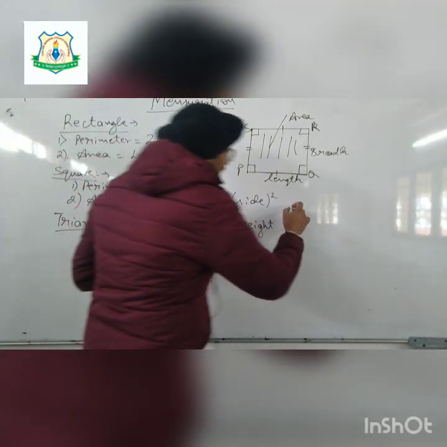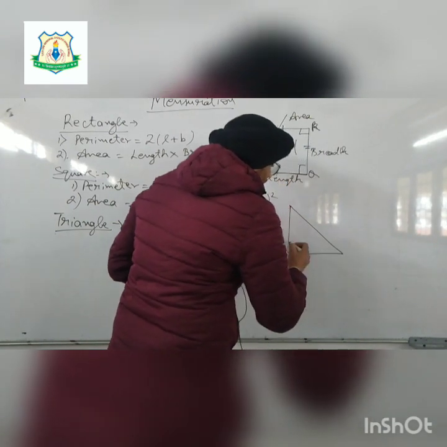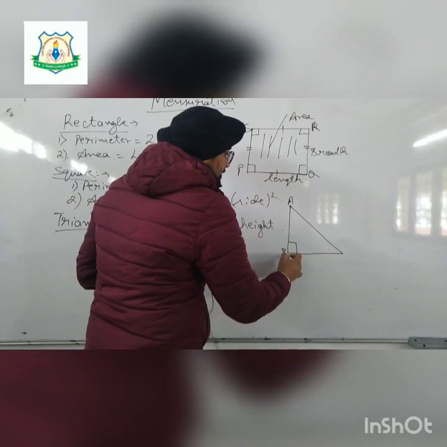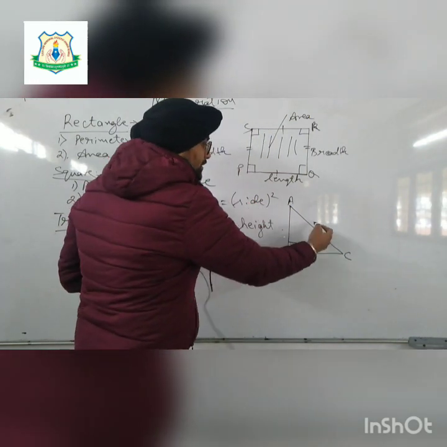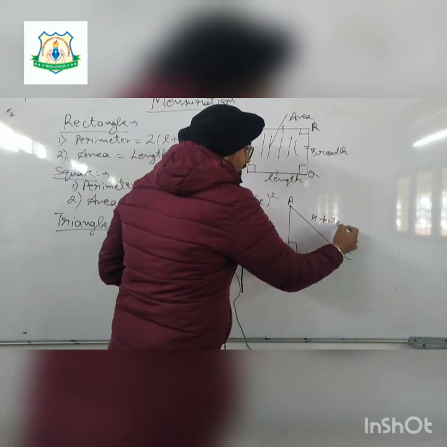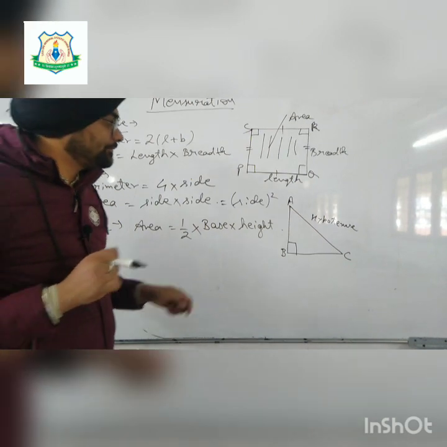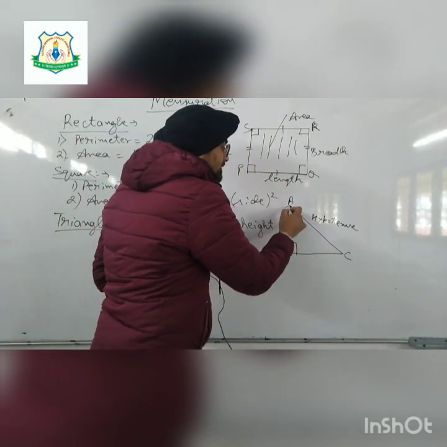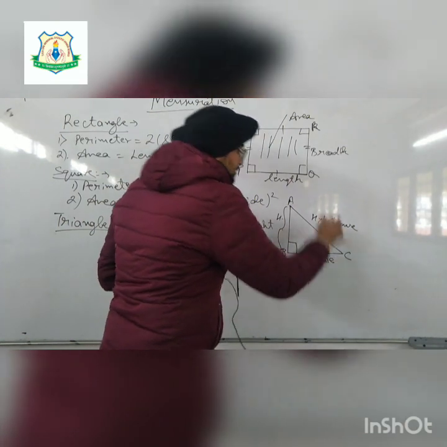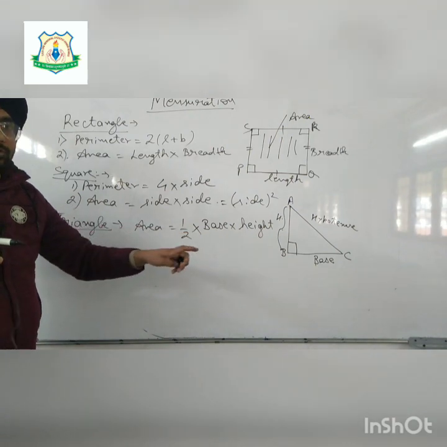Suppose you have a right angle triangle ABC, in which one angle is 90 degrees. Opposite the 90 degrees will always be the hypotenuse, and the hypotenuse is always the longest side in a right angle triangle. These two sides, this represents the height of the triangle, this represents the base of the triangle. So now the formula becomes half into base into height.